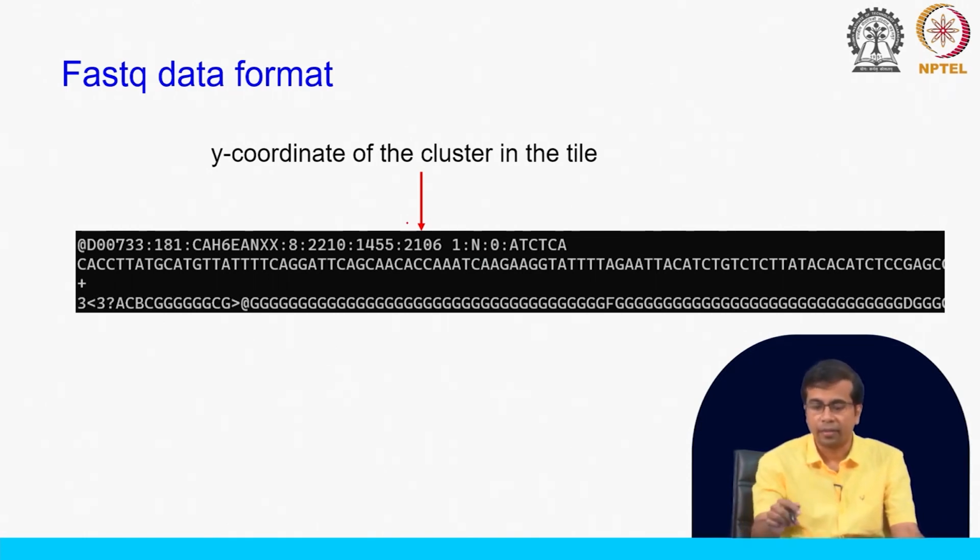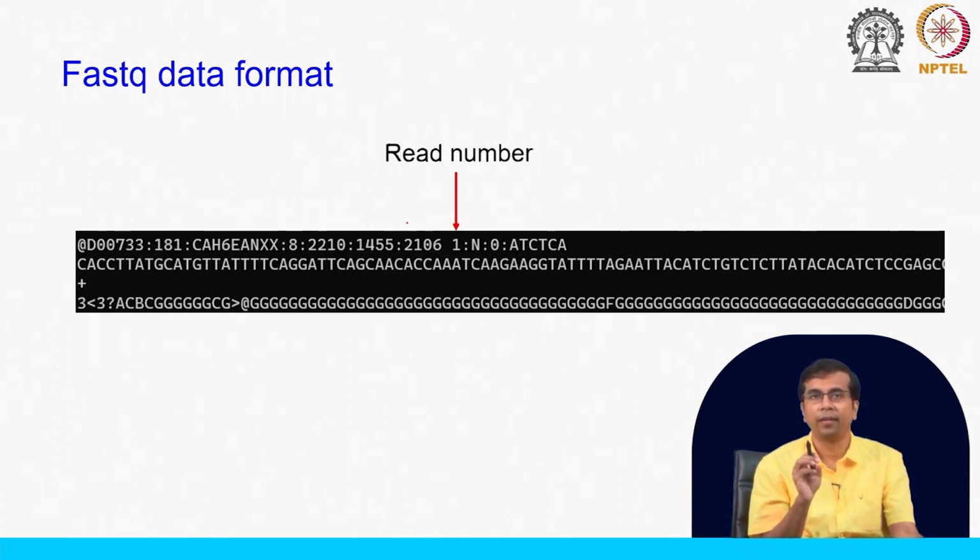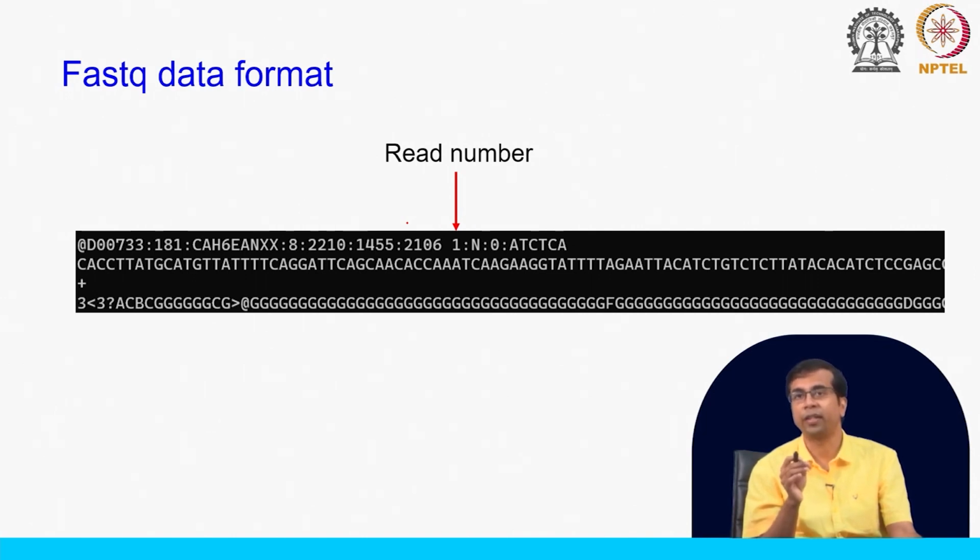Now, you have the other part. The first part is about the machine, the flow cell ID, the location in the flow cell, and so on. The other part is information about the read. This one is the read number, and it can mean two things. If it is 1, it could be coming from single end sequencing data, where we are sequencing DNA fragments from one end only.